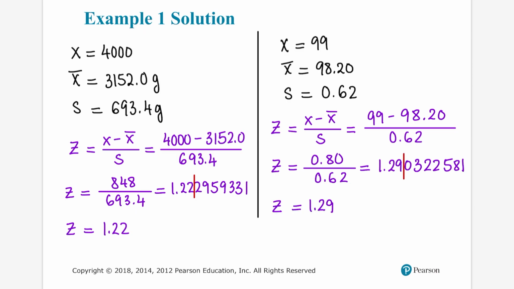At this point, we are going to compare 1.22, which is the z-score of 4,000 gram, and 1.29, which is the z-score of 99. Because 1.29 is greater than 1.22, that means 99 is more extreme than 4,000.